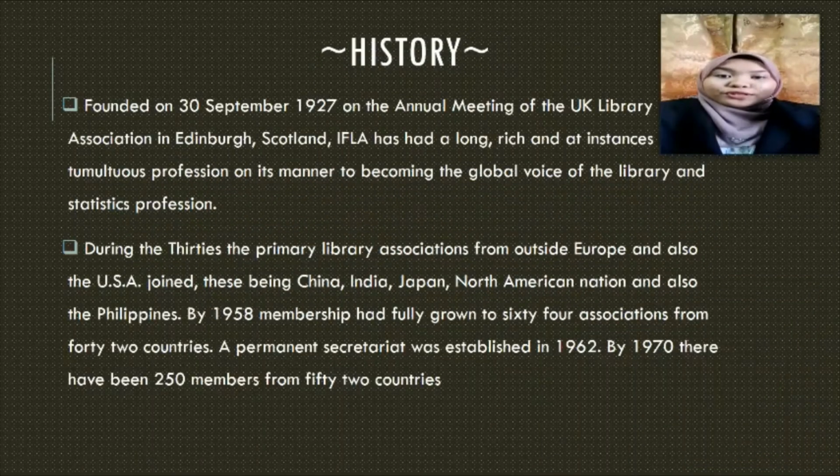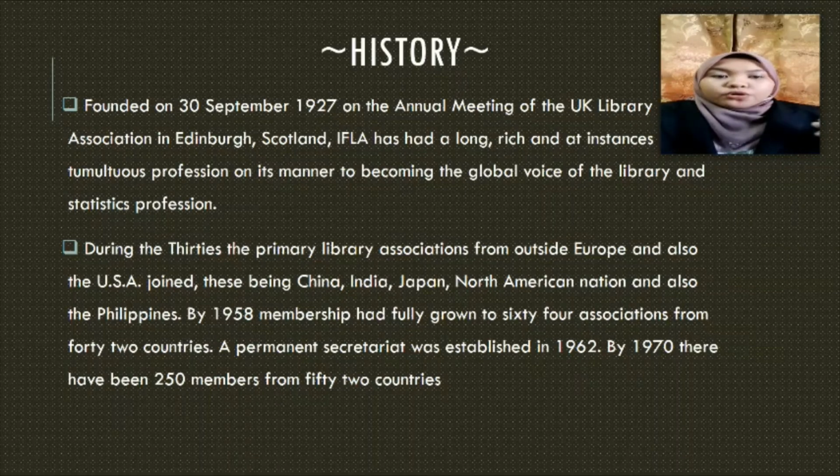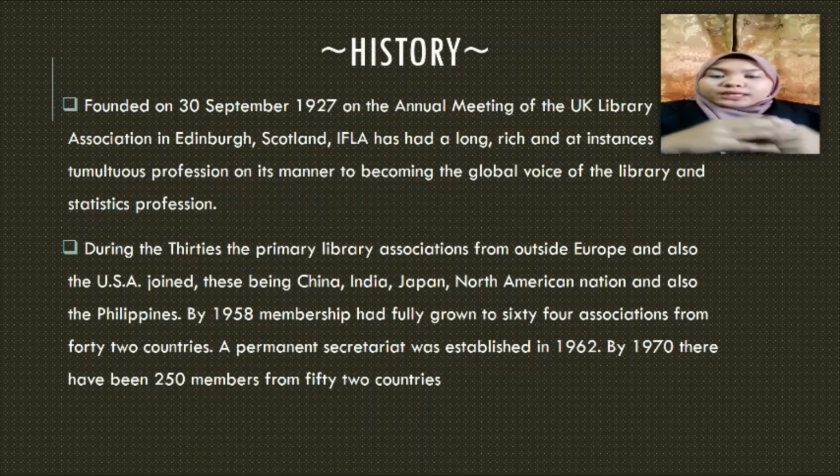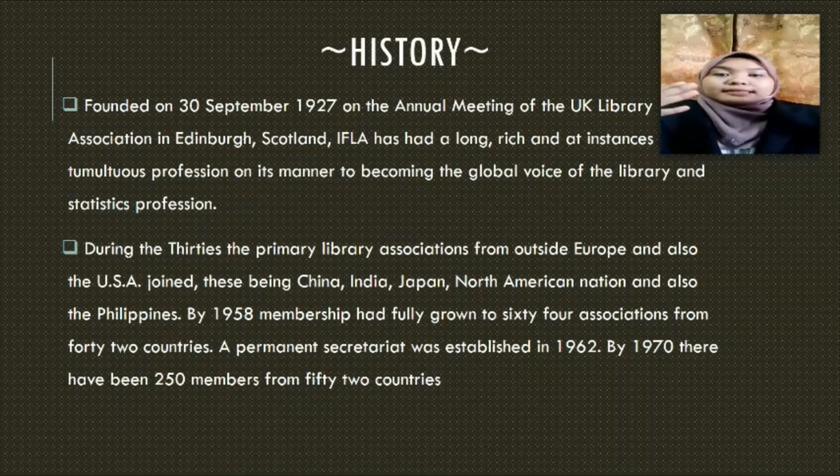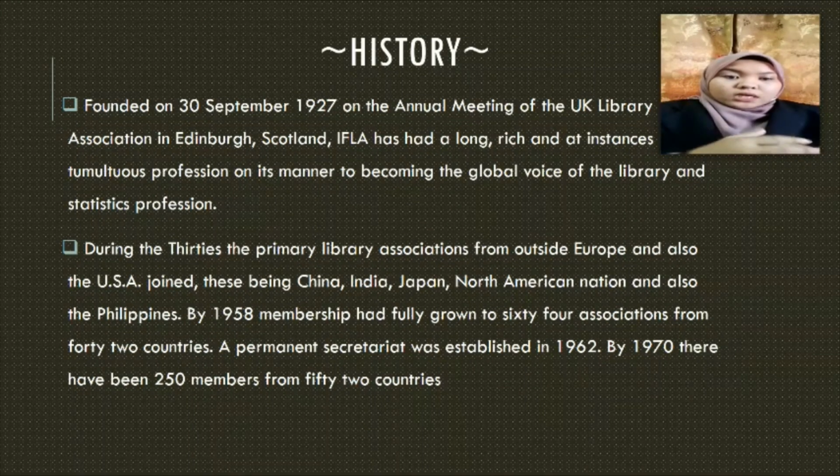The history of IFLA. It was founded on 30 September 1927 at the annual meeting of the UK Library Association in Edinburgh, Scotland. IFLA has had a long reach and grown to become a global voice of the library and information profession.